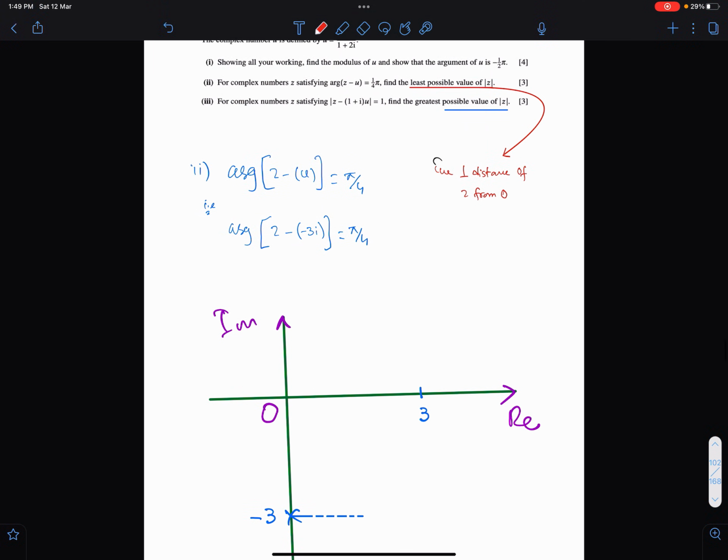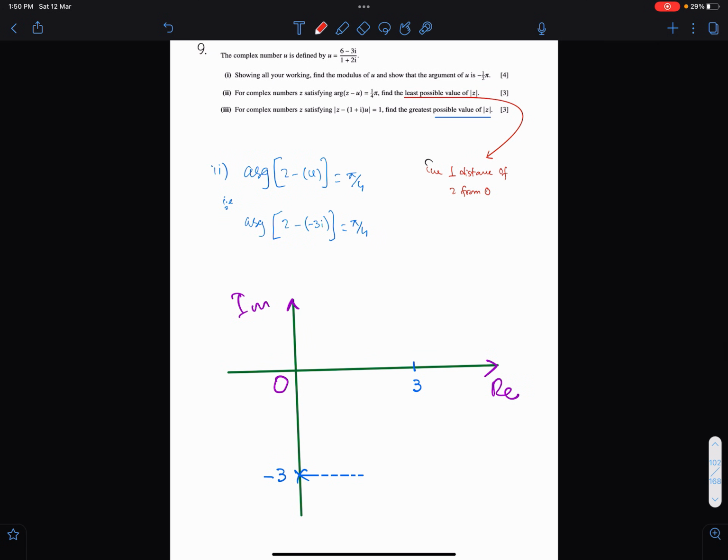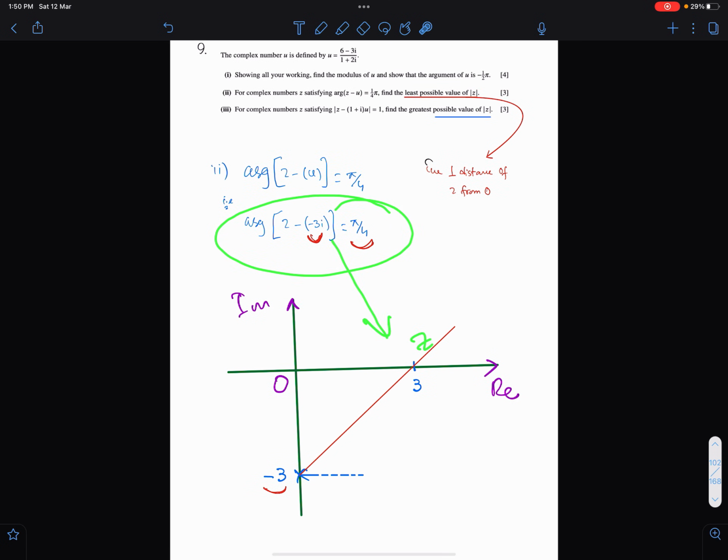You have to sketch z from u, and u is minus 3i. So this is minus 3i, and this means y is equal to x. So this is the locus of z. Z is anywhere on this line.